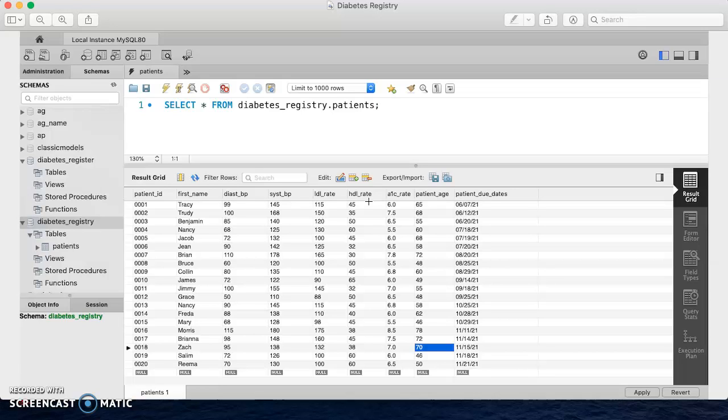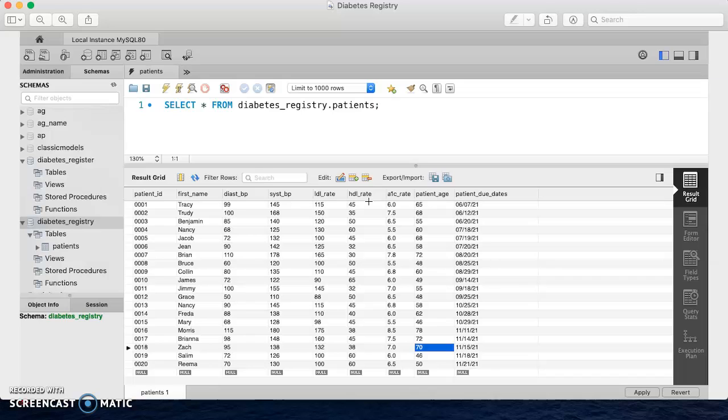We also compiled the hemoglobin A1C of these 20 patients just to check the blood sugar levels, and some of them are at pre-diabetic, the borderline. Some are over the borderline, meaning some have diabetes, like Morris, Brianna, Zach, Jean, Trudy, and all that.